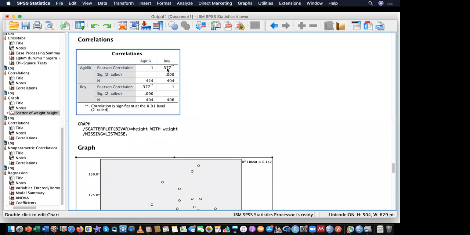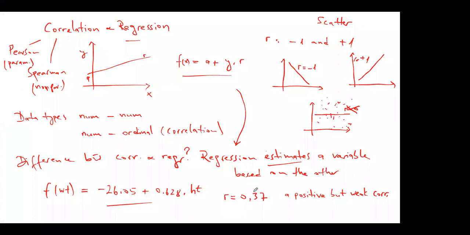For this, we look at the p-value. Yes, it is significant. So the correlation is significant. P is less than 0.05. Significant. There is a significant but weak correlation.